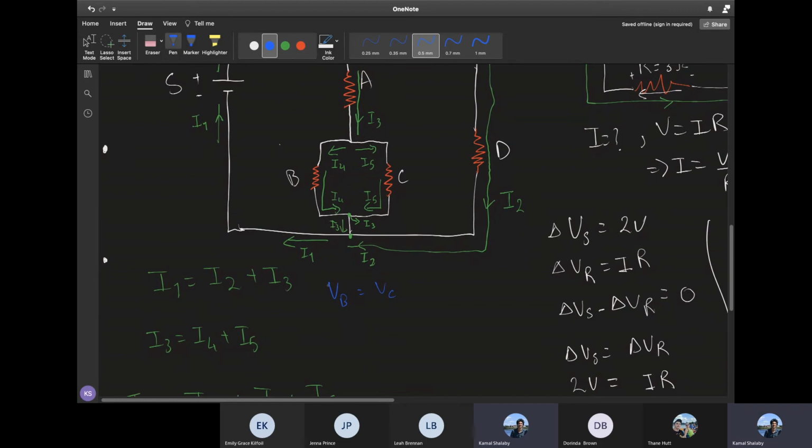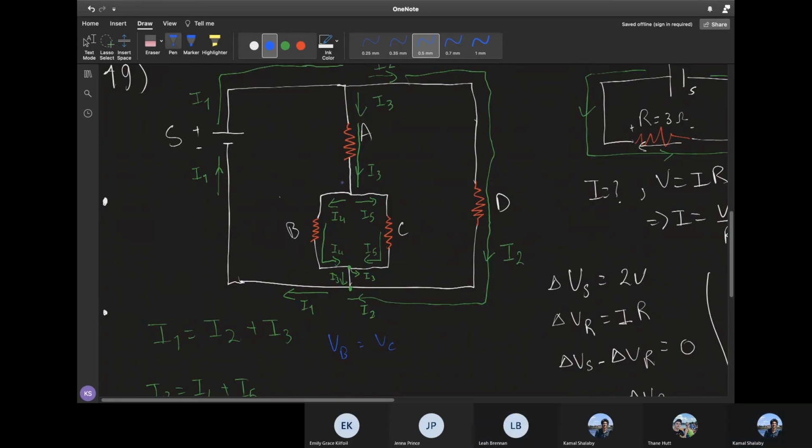And since VB is equal to VC, you can just call this chunk here as if it's just another resistor, and give it the potential difference of VB, because the potential difference at these two points would be the same.